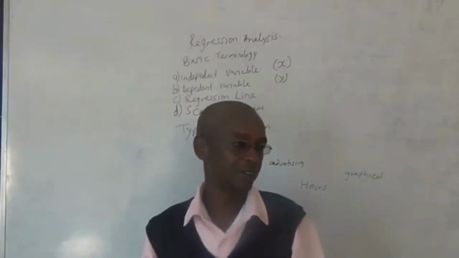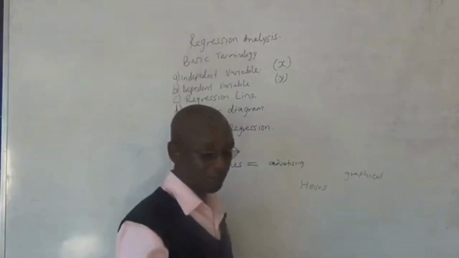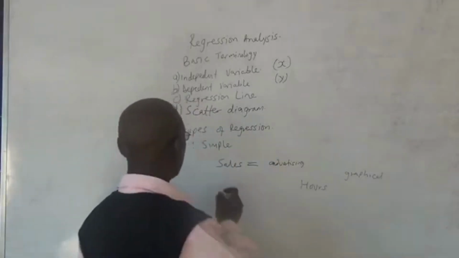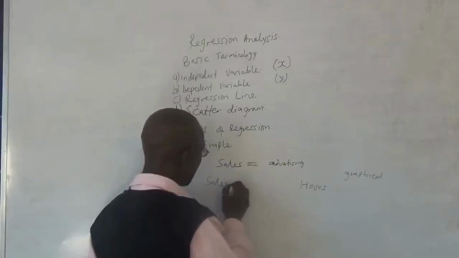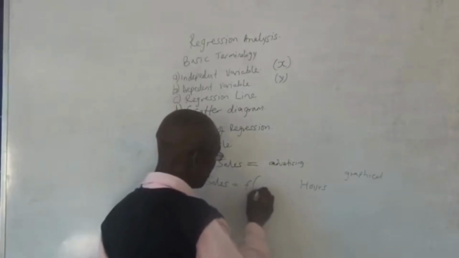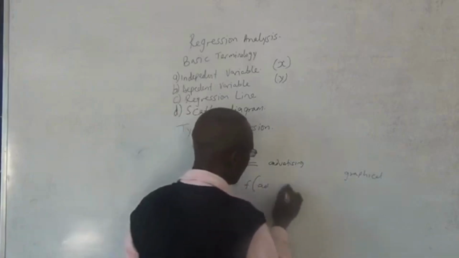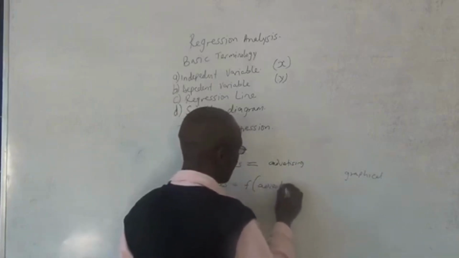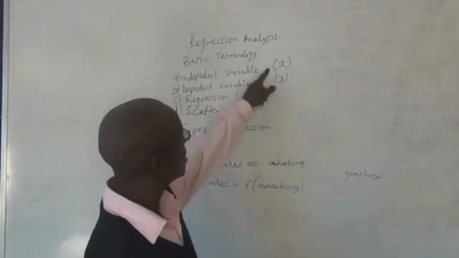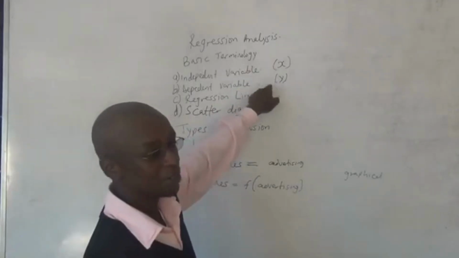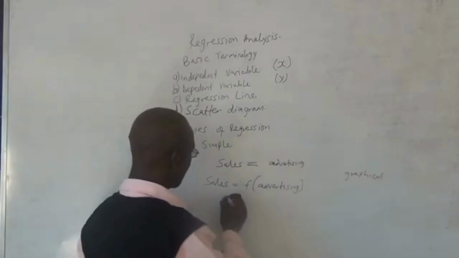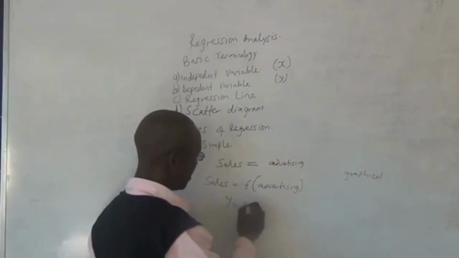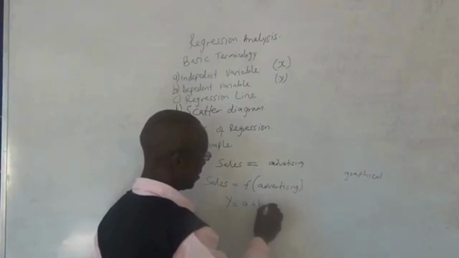That's a simple regression. So, in short, sales is a function of advertising. And then when you're using this x and y, you can say y is a plus b x.